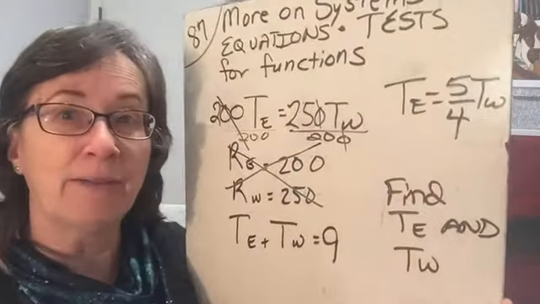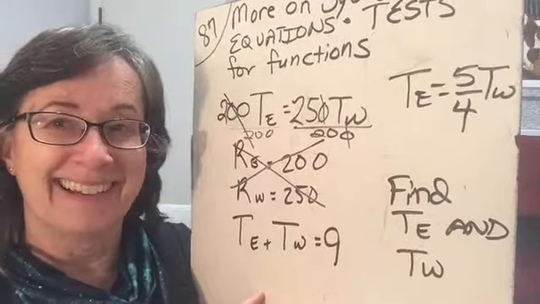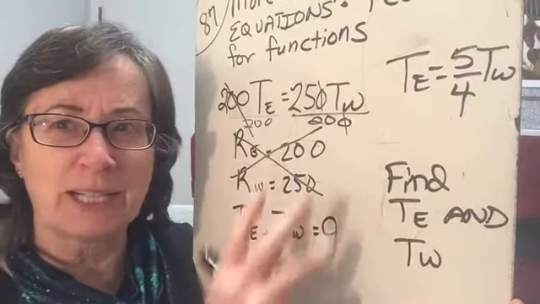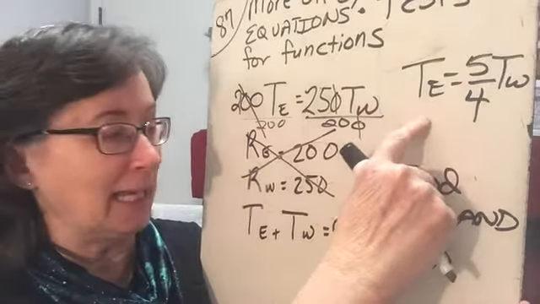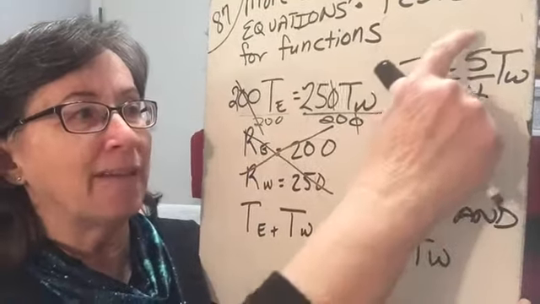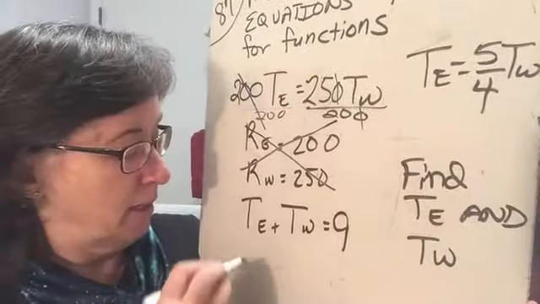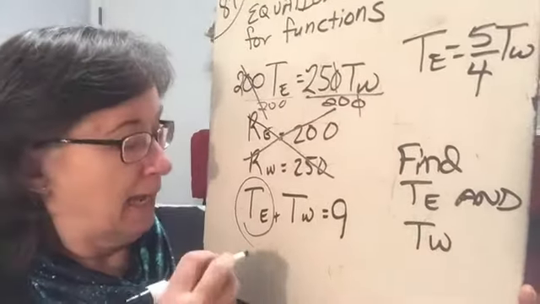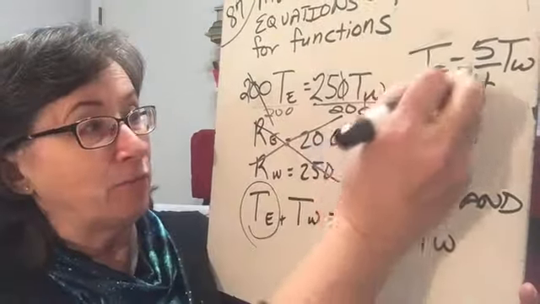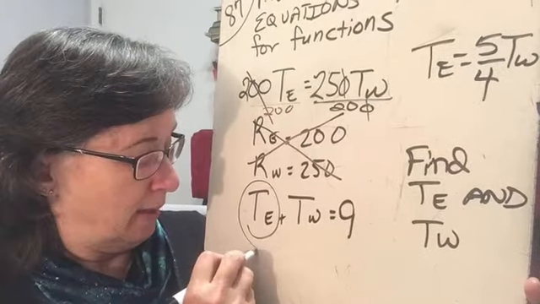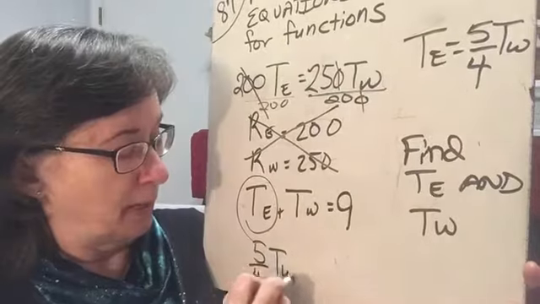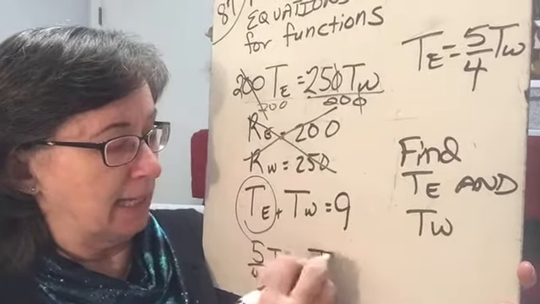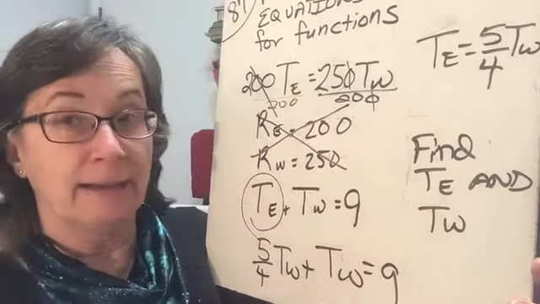So now everywhere, I'm trying to get that light off my screen. It's either too dark or it's shining. So we're going to say everywhere we see a T sub E in this equation, we're going to put 5/4 T sub W. So here's my T sub E, and we're going to put 5/4 T sub W. So 5/4 T sub W plus T sub W equals 9.